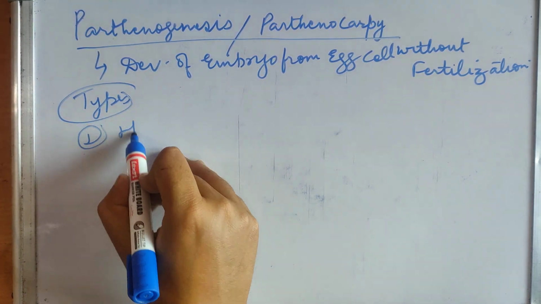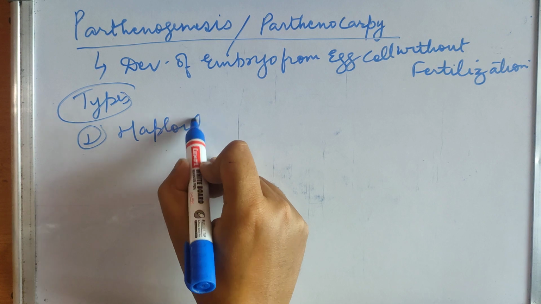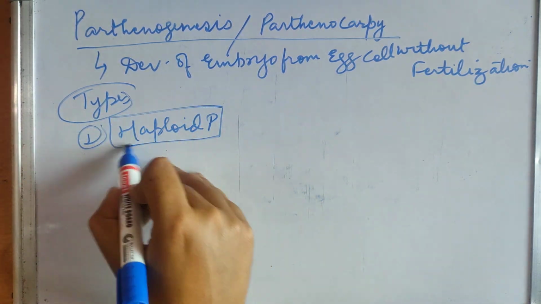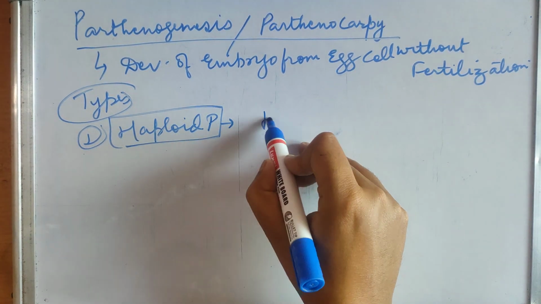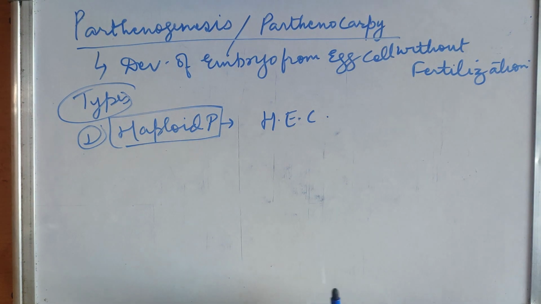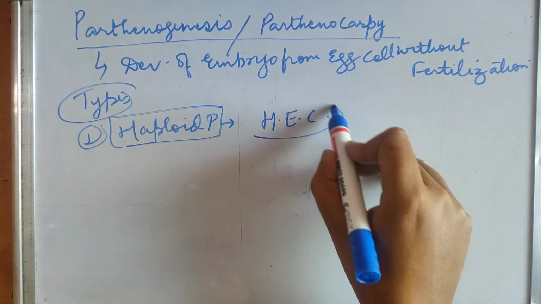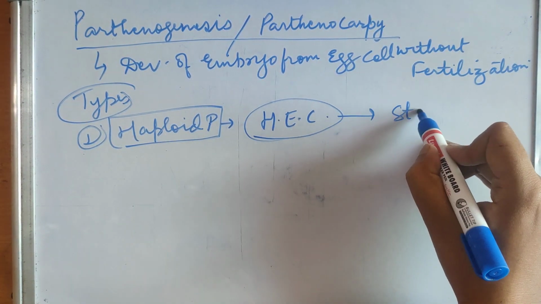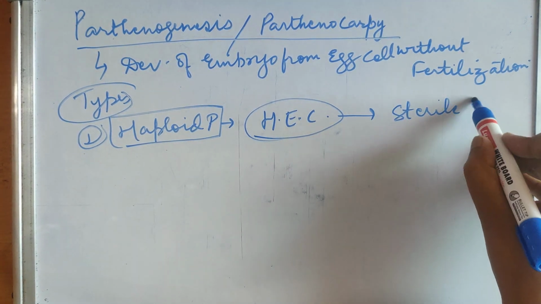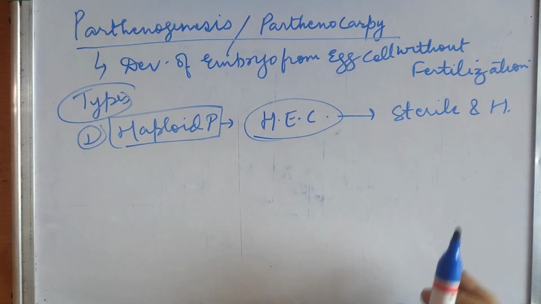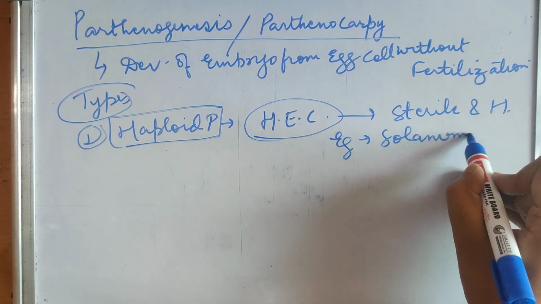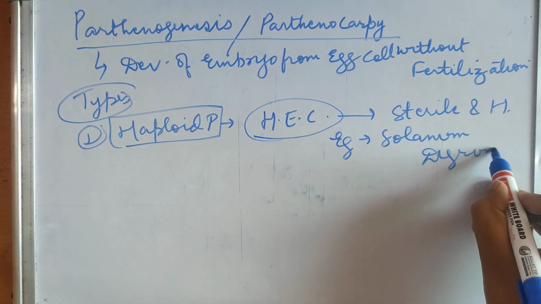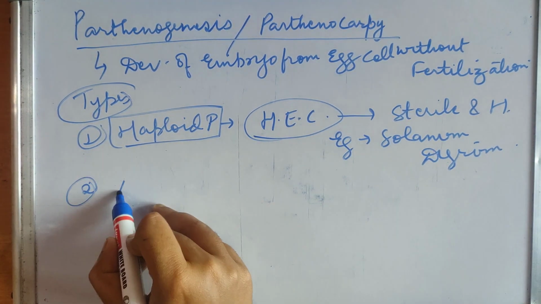The first one is haploid parthenocarpy, where the embryo develops from a haploid egg cell. The plants developed from such embryos are haploid and sterile, and it is found in Solanum nigrum.